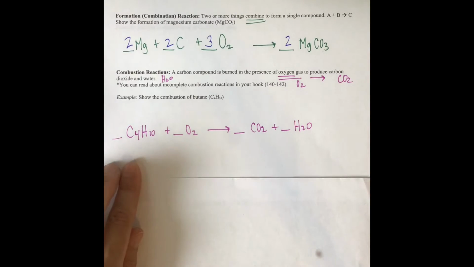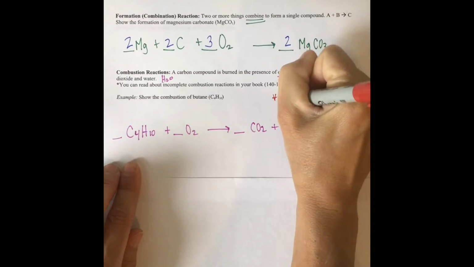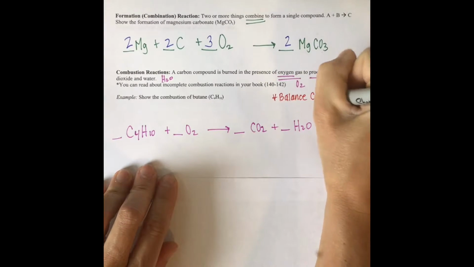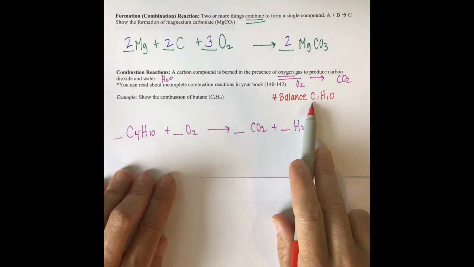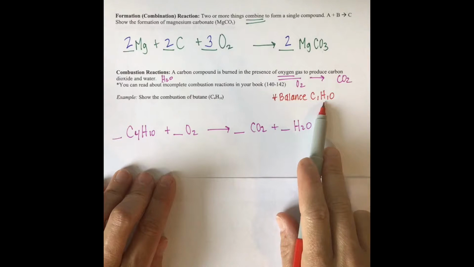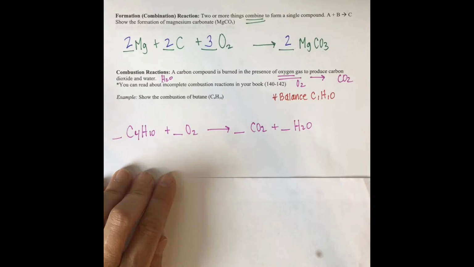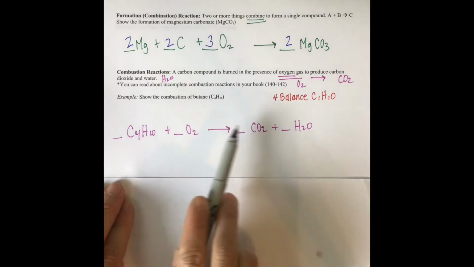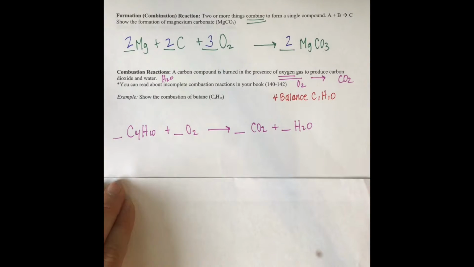When you balance combustion reactions, you're going to do it in a certain order to make it a lot easier. I want you to balance your carbons first, then your hydrogens, then your oxygens last, and you will see why. Go ahead and balance your carbons on both sides and your hydrogens on both sides, and then stop.